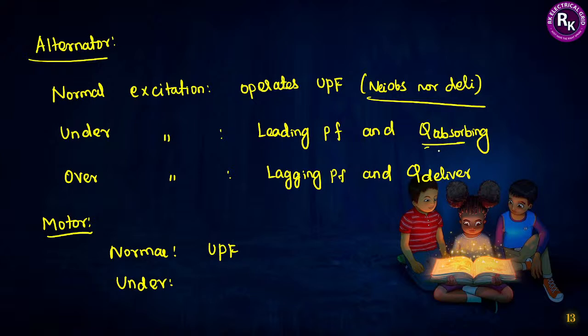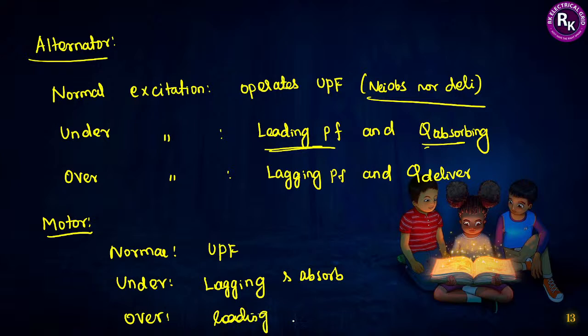Here the alternator was operated at a leading power factor, but the motor will be operated at a lagging power factor, and of course it will absorb the reactive power in this region. Similarly, for over excitation, the power factor will become leading, and what about the reactive power?